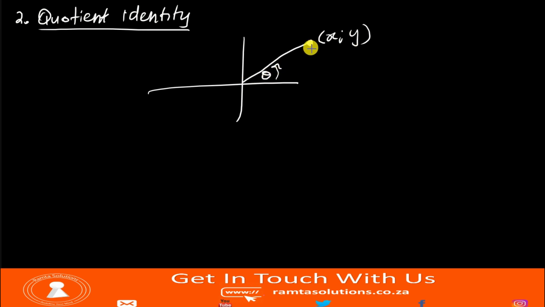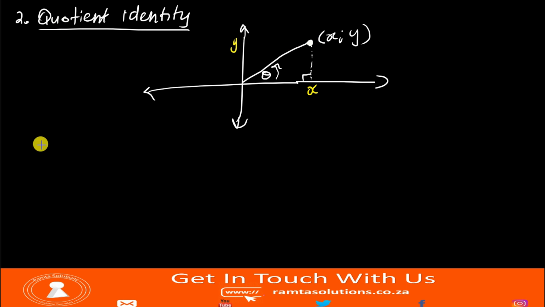So you can draw a right angle here. Remember, this is your Cartesian plane. This side here is what you refer to as x, while this one here you refer to as your y.